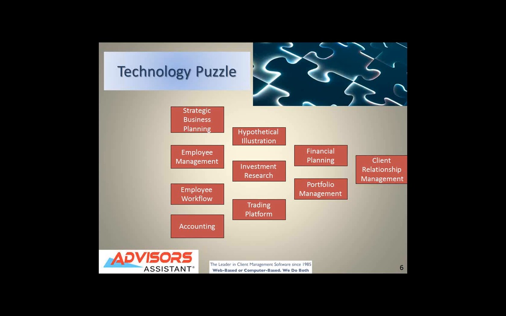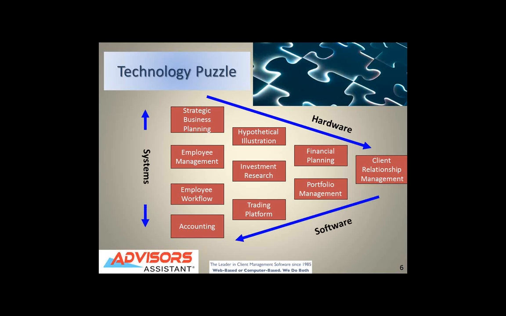At the head of it all is a client relationship management solution. These constitute the relationship between hardware, software, and systems. And I've placed the client relationship management solution at the head of the list here because it should be the linchpin that connects all of these divergent elements from a technology perspective.